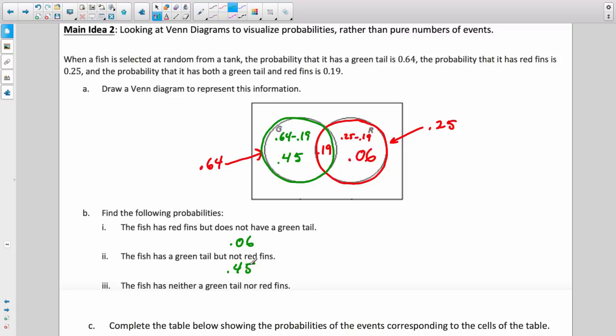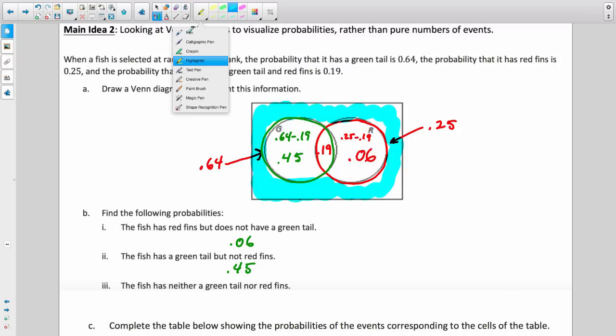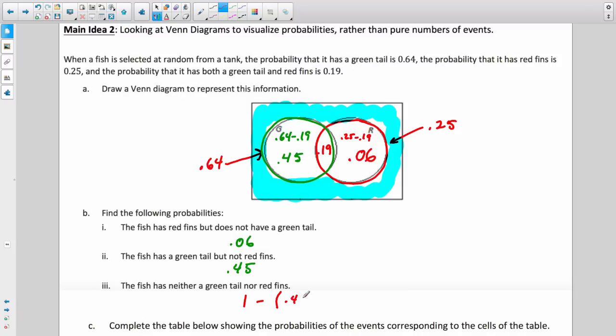The fish has neither green nor red fins. Now that's crazy. How do we calculate that? How do we say how much is in this area? Right? Because that's everyone in the world who does not belong in these circles. Well, you have to be very comfortable with this fact, that everybody would be 100% of the people, minus, let's add up how much we have. So we have 45%.